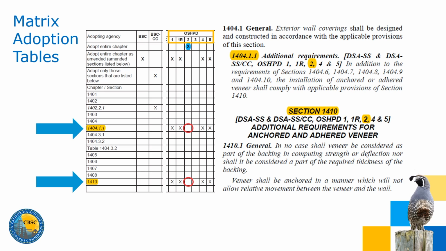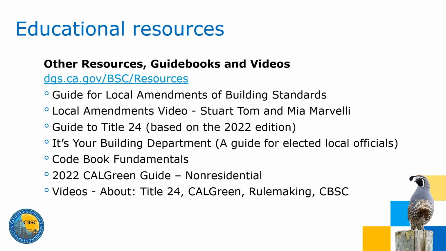However, California Code adoptions and amendments published in Title 24 are regulations that have been approved by the California Building Standards Commission. On the CBSC website, you can find additional educational resources that are updated on a regular basis.